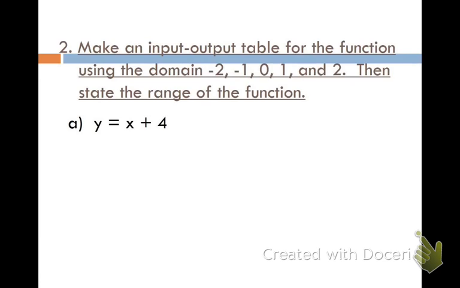So what we're going to go ahead and do is rewrite this equation right here underneath 5 times. Okay, so there it is, y equals x plus 4. You're going to keep writing it.